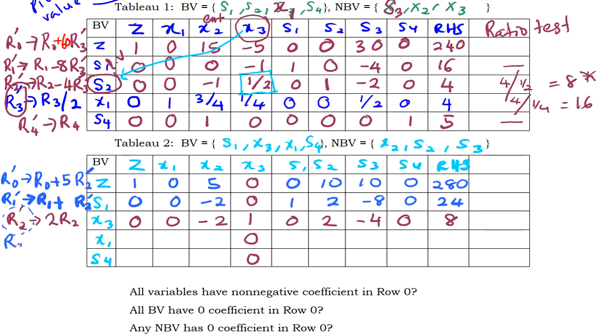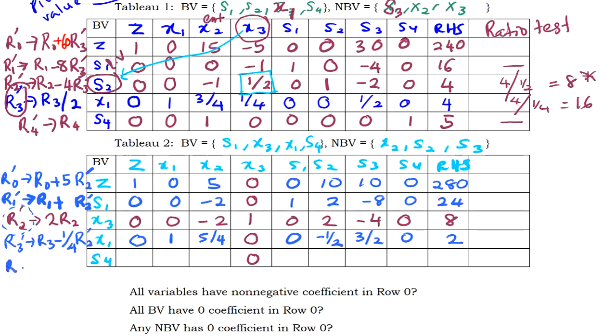For row 3, new row 3, and refer to row 2 new, because it's 1 over 4 here, so negative 1 over 4. So for row 3, we get 0, 1, 5 over 4, 0, 0, negative 1 over 2, 3 over 2, 0, and 2.